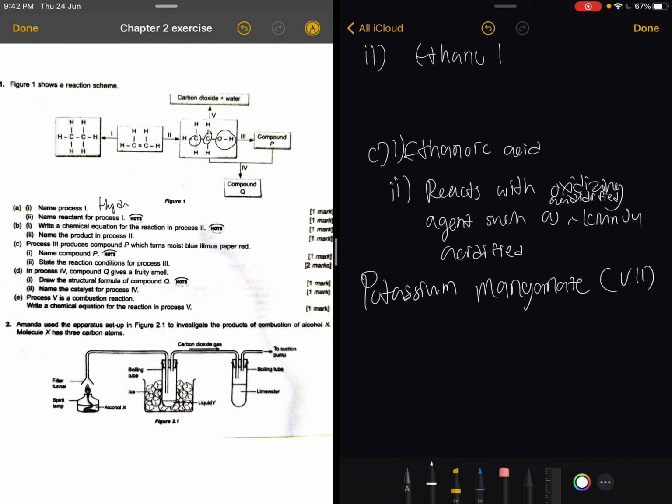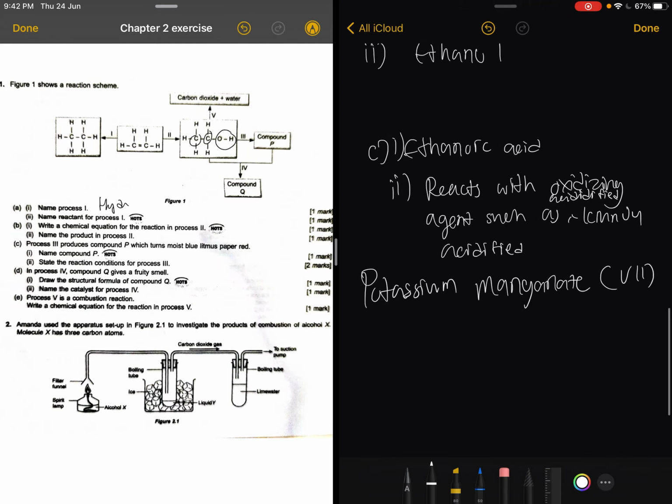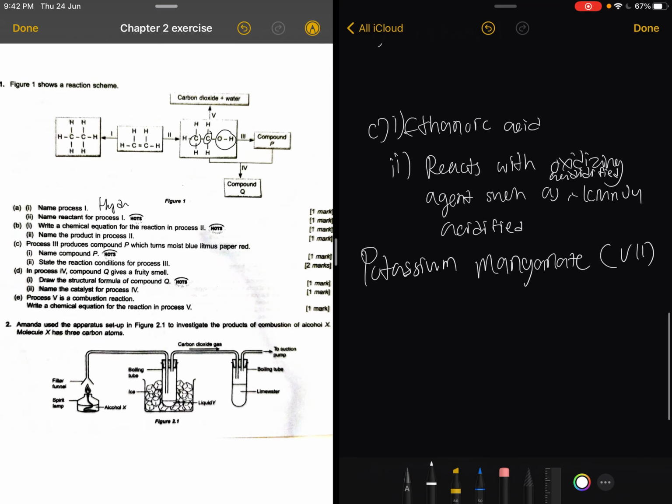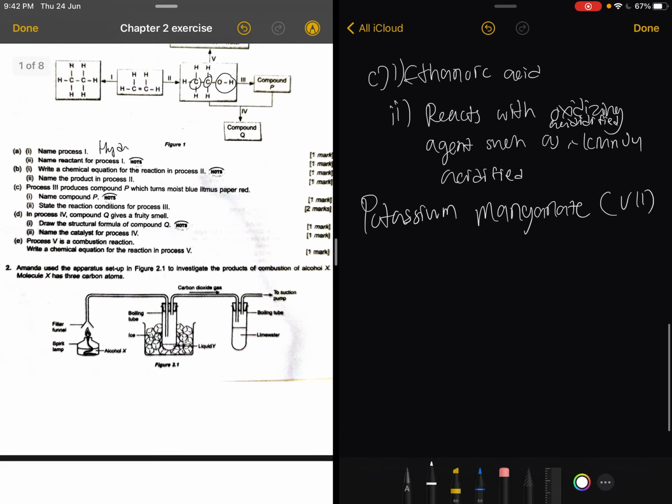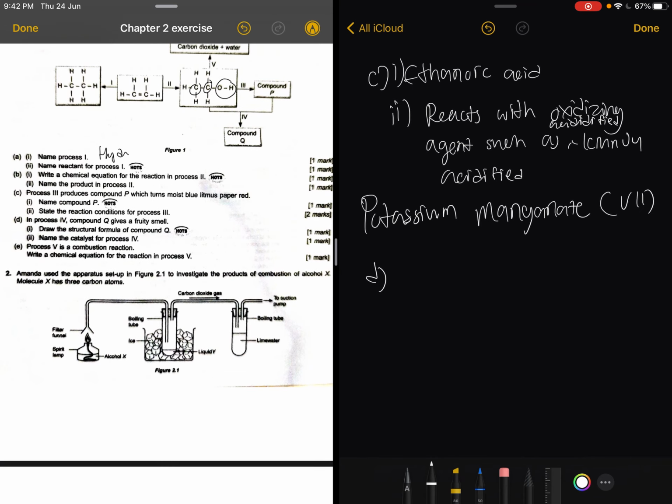So I think that's the only condition. Okay, wait. Come back. My brain froze.